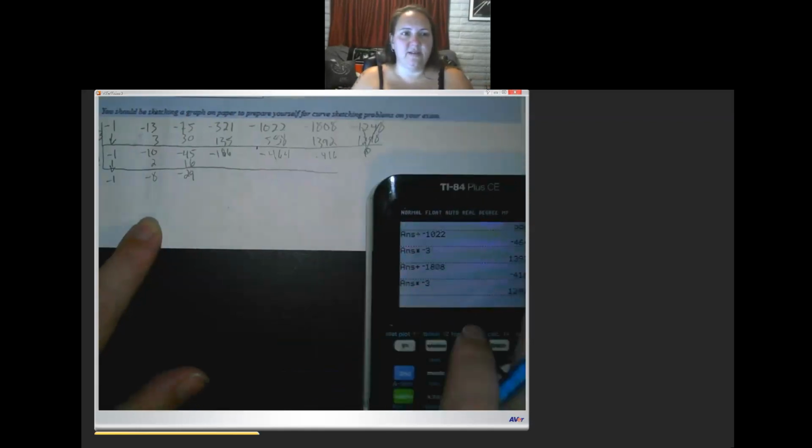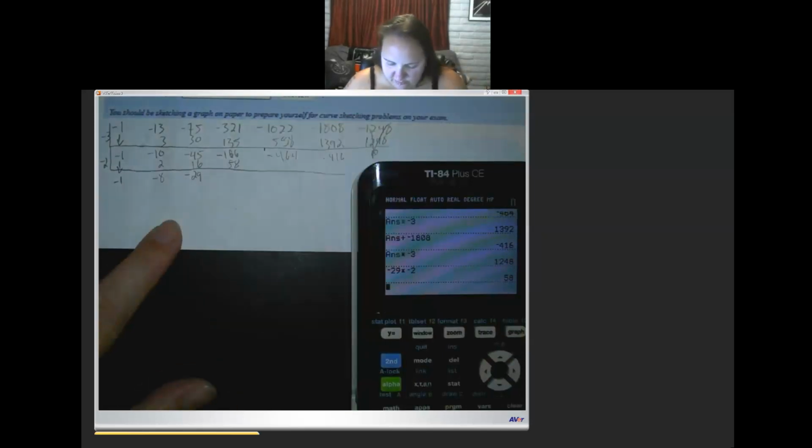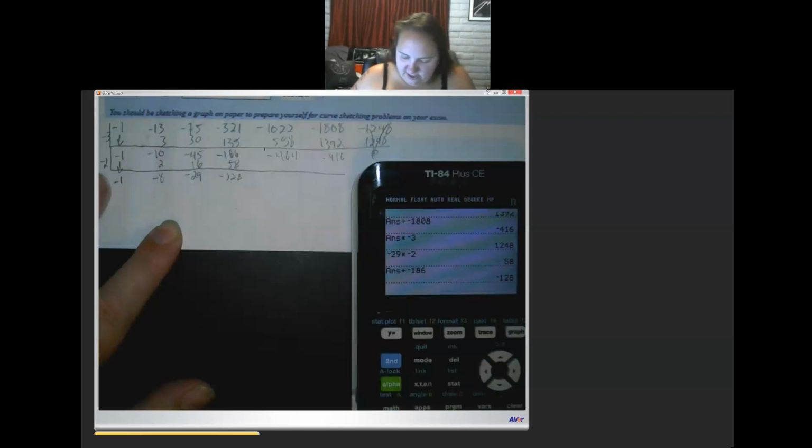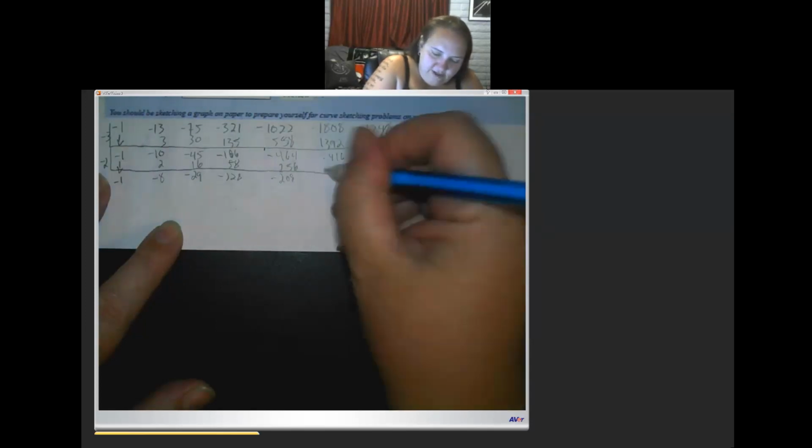So then negative 29 times a negative 2 is 58 plus a negative 186, negative 128 times a negative 2, 256 plus a negative 464, negative 208 times negative 2 is a positive 416. So far, so good.